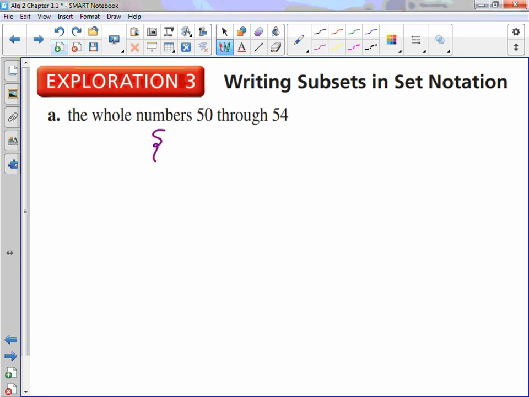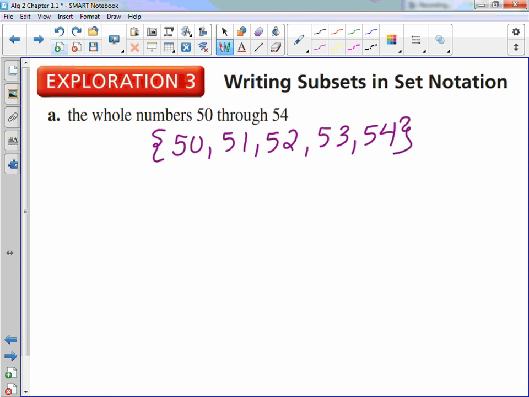Well, I can do a bracket 50, 51, 52, 53, 54. There's 5 of them. I just listed them because that is the set containing 50 through 54, and they're all whole numbers, yes? Because with whole numbers, it's just counting. We don't have to deal with decimals or fractions or anything else in between each number.